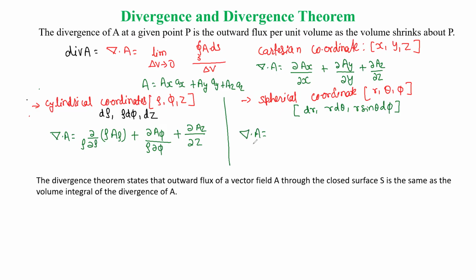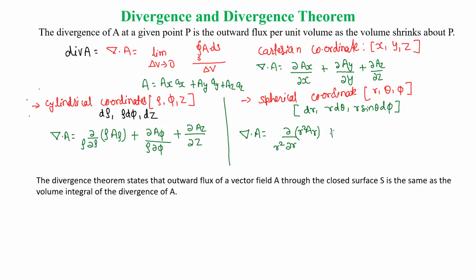So the divergence of vector A in spherical coordinates. A will have components A r, A theta, A phi. Now how will we write it? In general, dou by dou r of the A r component of the vector A, multiplied and divided by r square.